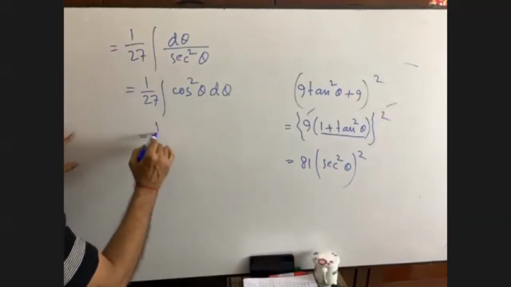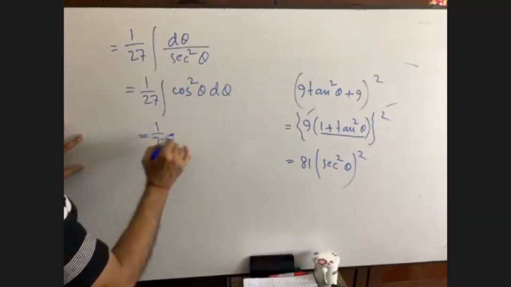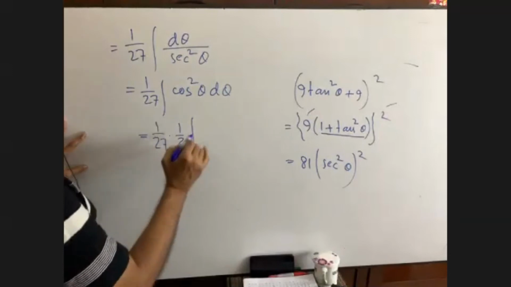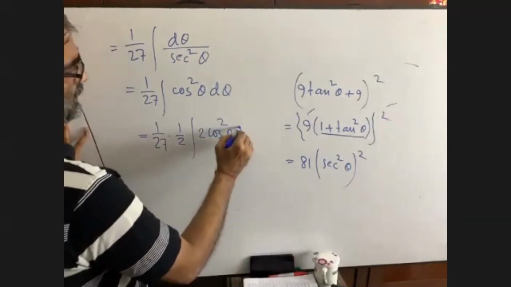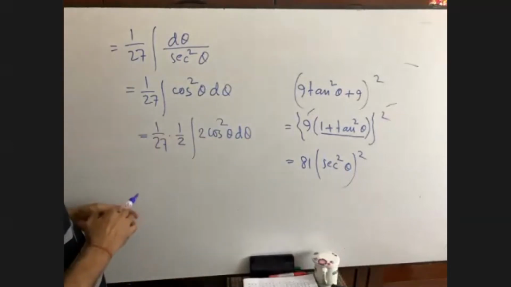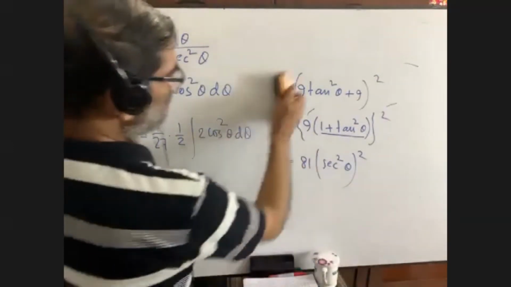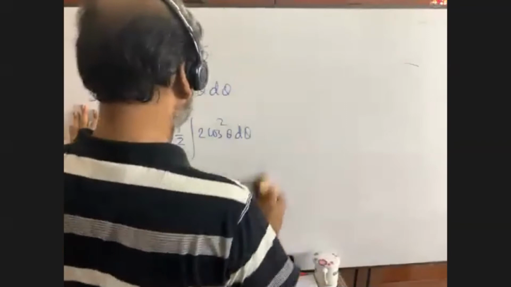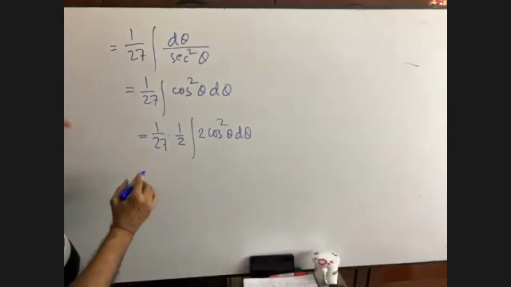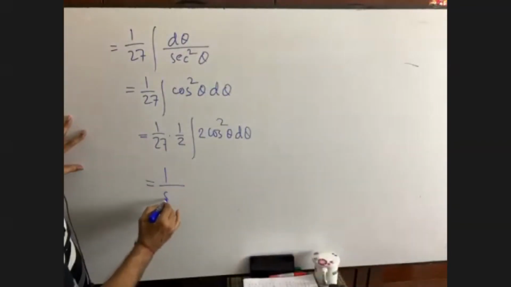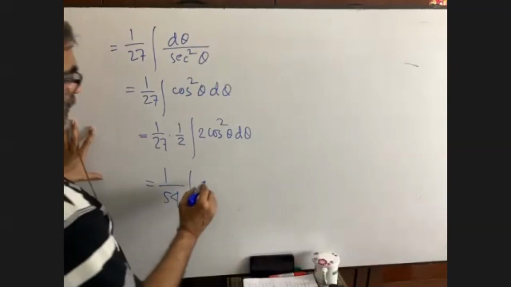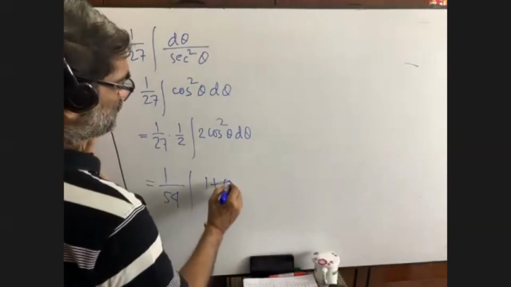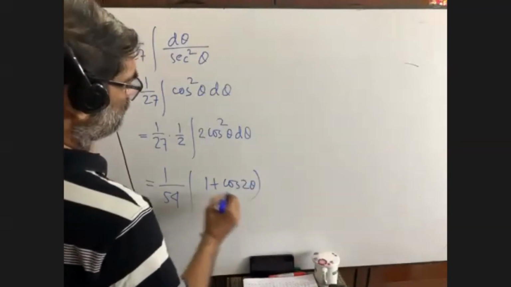1 by 27 into half into 2 cos square theta d theta. Okay, that is, we can write down 1 by 54. 2 cos square theta means what? 1 plus cos 2 theta.